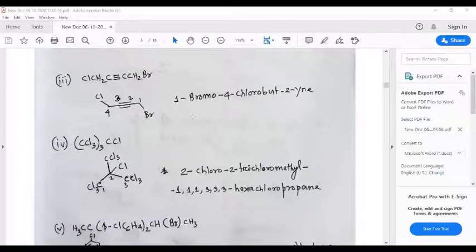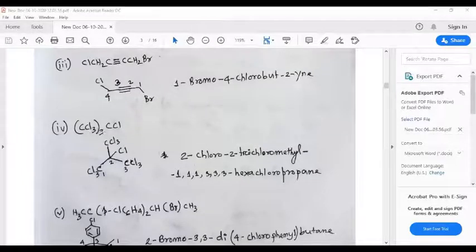For CCl3, 3CCl. So in this carbon, 1 is chlorine and 3 such CCl3 groups. So this carbon is this carbon, then to this carbon 1 is chlorine, and there are 3 CCl3.